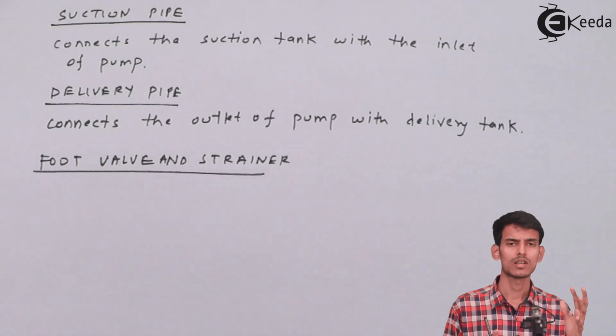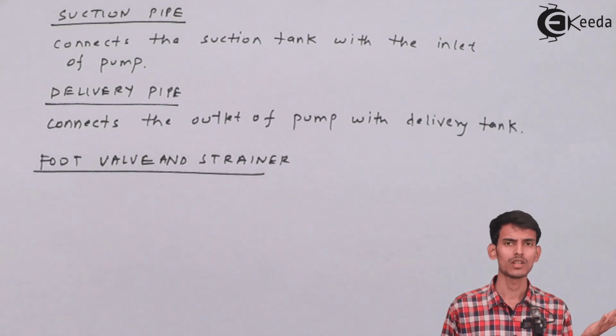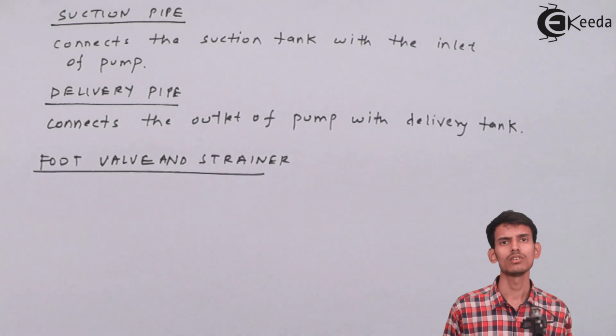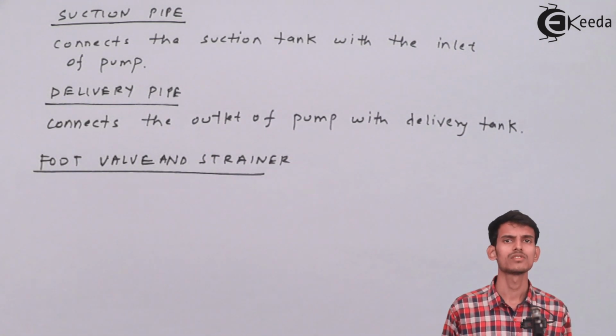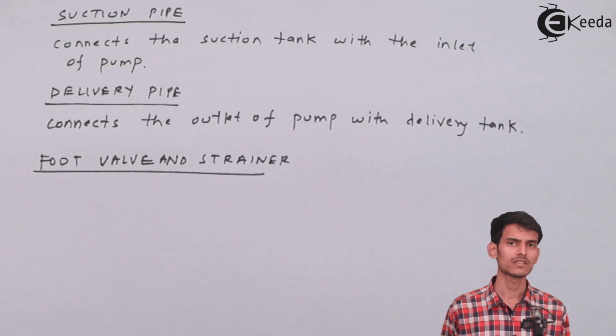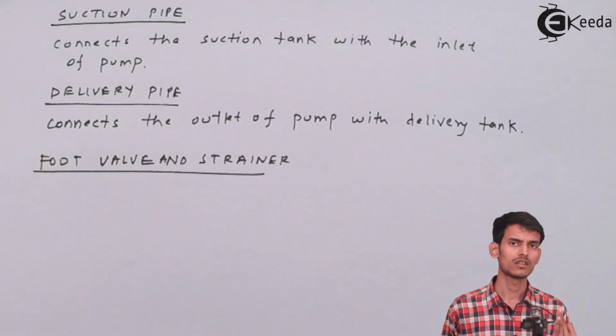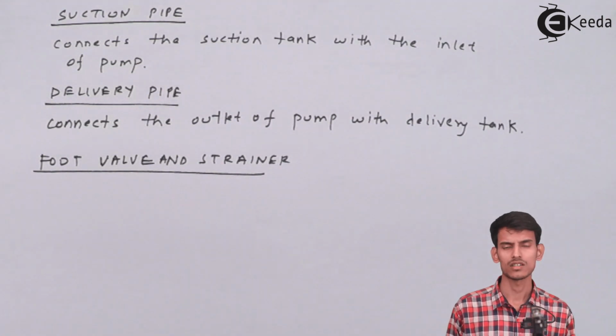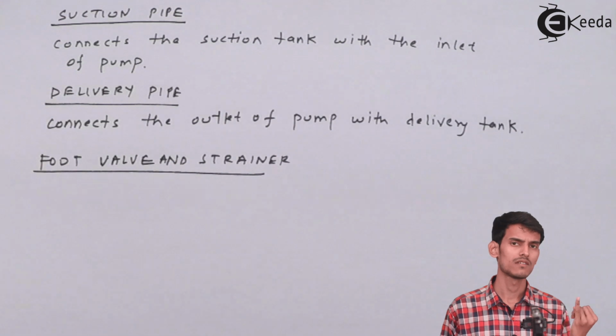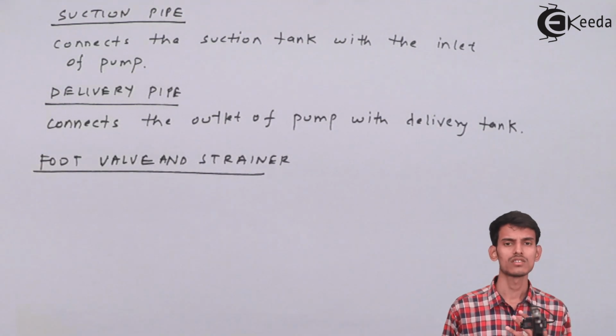There is one opening through which you insert water into the pump, so that the pump gets full of water, and that procedure is called priming. There are certain openings, certain valves and certain pressure gauges. There is a non-return valve at the suction side, and there is a valve at the delivery side as well. All these components together make the centrifugal pump.